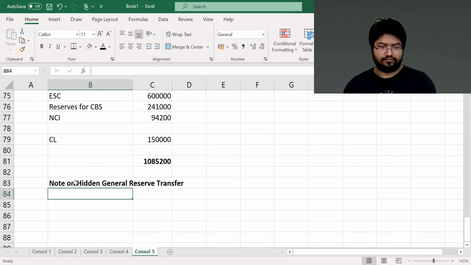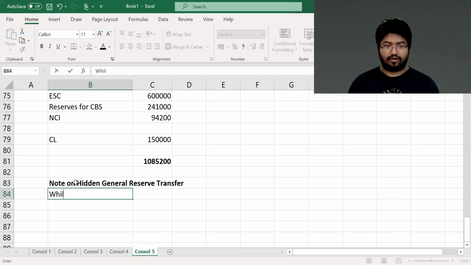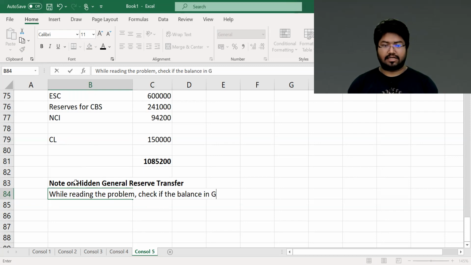While reading the problem, check if the balance in general reserve on date of control is the same as on date of consolidation as well.